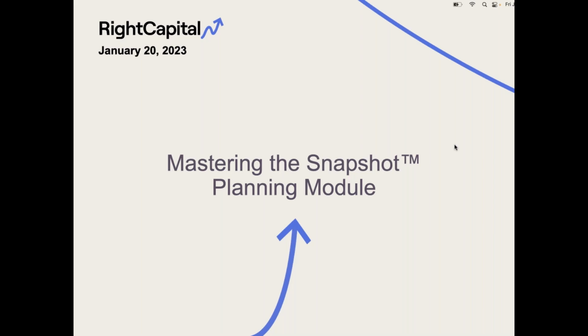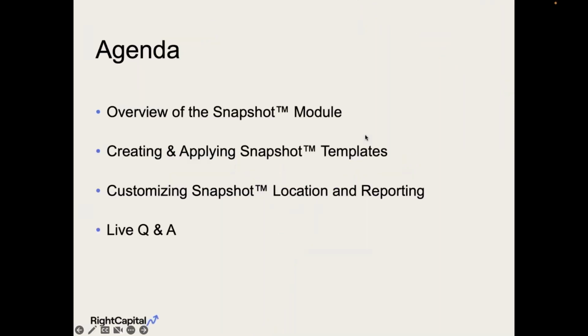So without further ado, let's talk about our schedule for today. We're first going to have a nice overall review of the snapshot module. This is going to take a few minutes because there's a lot we can put into this tool. The snapshot module is, in essence, a single page dashboard that pulls together the rest of the areas of RightCapital software into one consolidated client-friendly view.